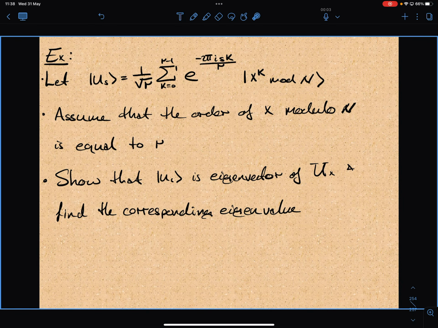Now, this is an exercise for you all. We're going to take the vector U sub s, defined in here, and you're going to assume that the order of x modulo n is equal to r. Now the question is: show that U sub s is an eigenvector of Ux and find the corresponding eigenvalue.